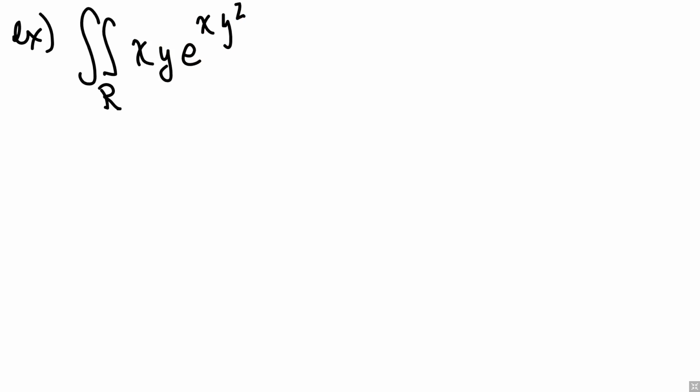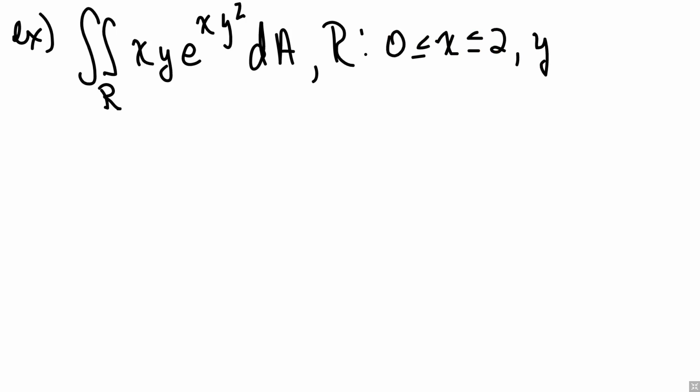So the second example, we have this. We have the double integral over the region that is defined as xy e to the xy squared dA. And we have a region defined as x is between 0 and 2. y is going to be between 0 and 1.